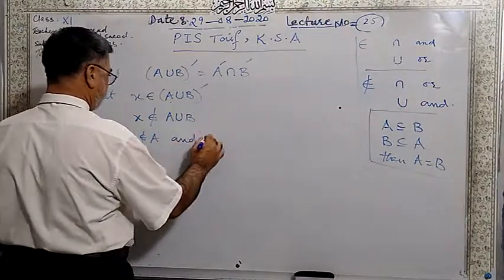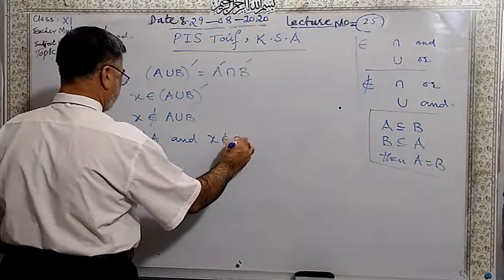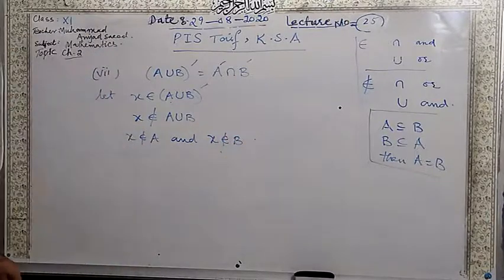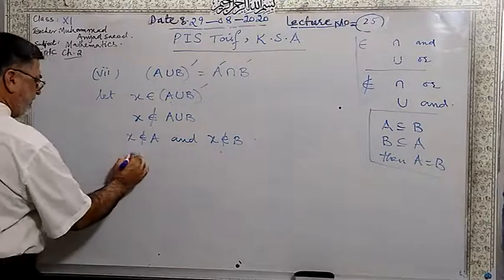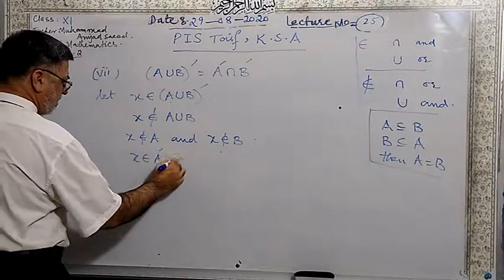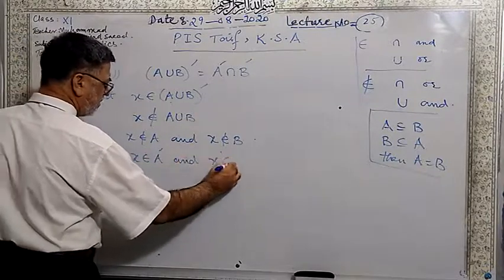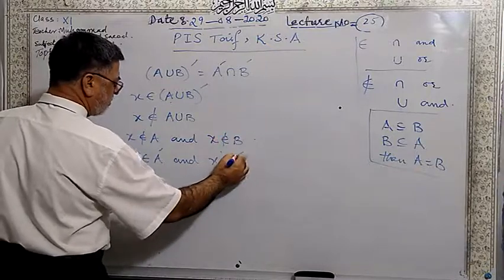And: X does not belong to A and X does not belong to B. If X is not in A, where is X? Definitely in the complement. And X not belongs to B, so X belongs to B complement.